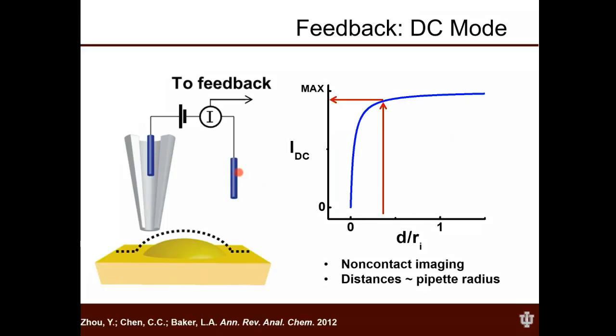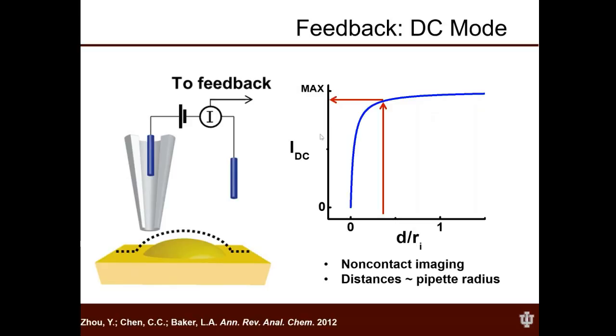That drift then influences the set point you chose, and you can either drive the tip up where it's not engaging the surface anymore, or you can drive the tip down where it crashes into the surface and you damage the tip.